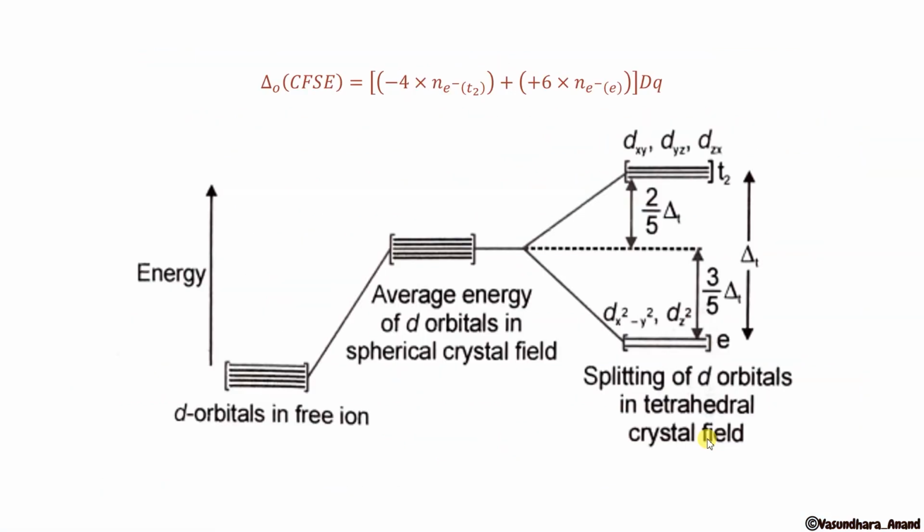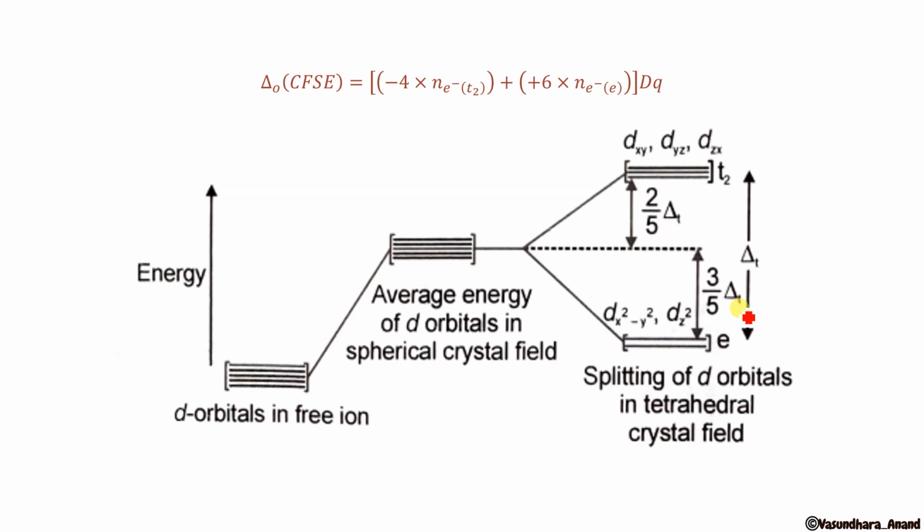This will be the picture exactly reverse of that octahedral one, and in this case it will be -4 into Ne minus T2 and plus 6 into Ne minus E. We just remove the G, the rest will be the same. So the d orbital in the free ion will get excited and split into, in this case, T2 with high energy and E with less energy.